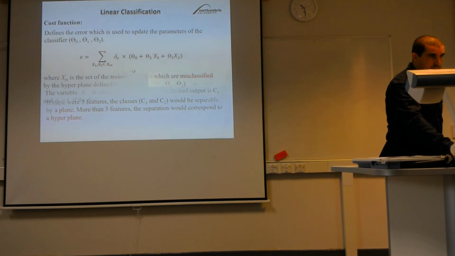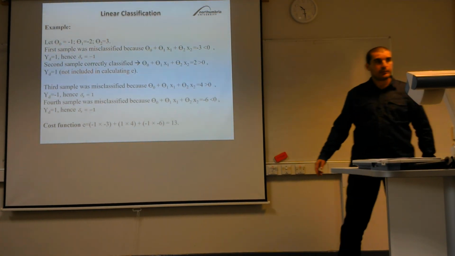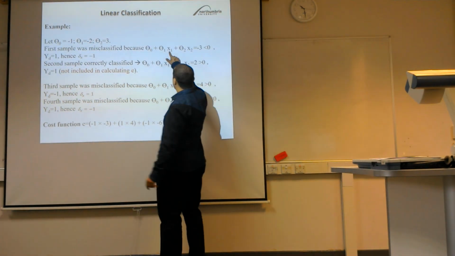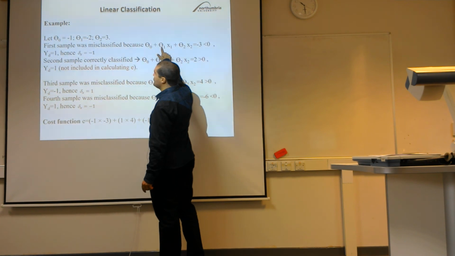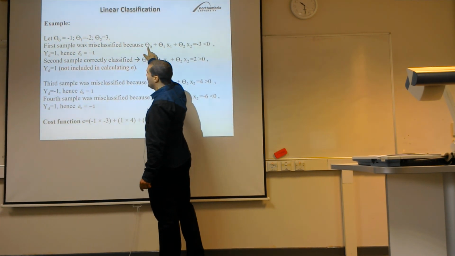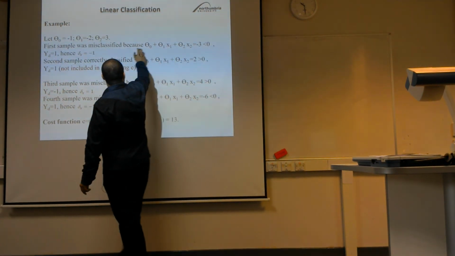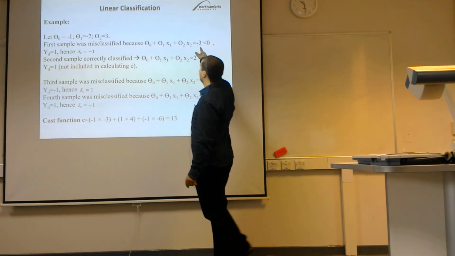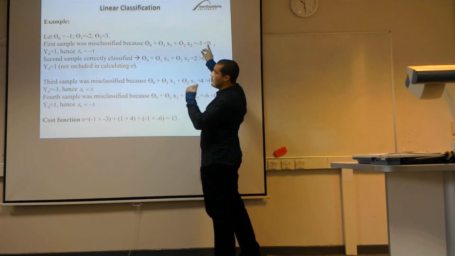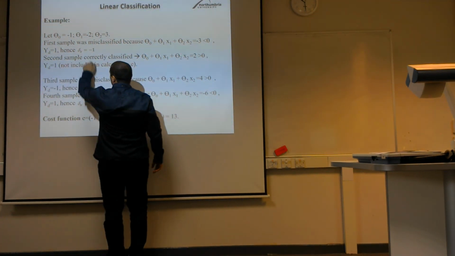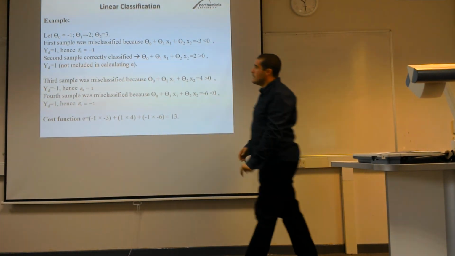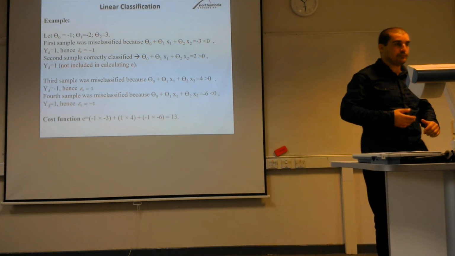So x1 is equal to 1, x2 is equal to 0. So 1 multiplied by minus 2 gives minus 2, minus 1 because theta 0 is minus 1. So the output is minus 3, which is less than 0. However, the target output is positive, is 1. Therefore delta x should be equal to minus 1.